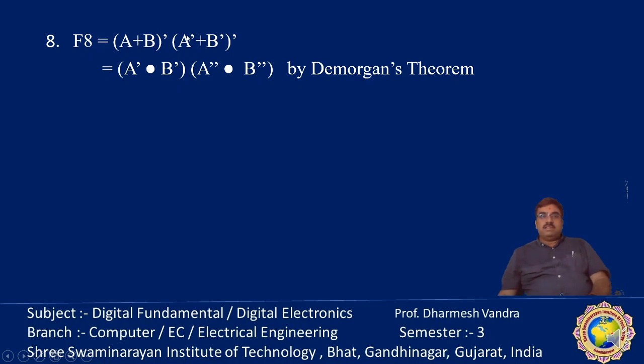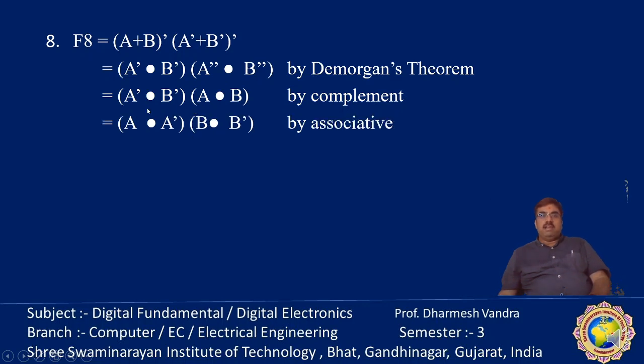Now here the second function, A dash dash, the complement of the complement, OR is replaced by dot, and B dash dash as per De Morgan's theorem. As we know that A dash dash is A and B dash dash is B, so by complementing this will become here.